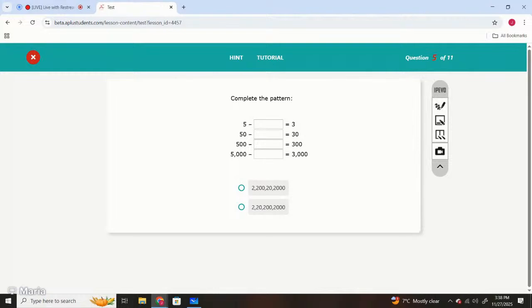Complete the pattern. Very good. Option number 2 is the correct option. 220, 200 and 2000.